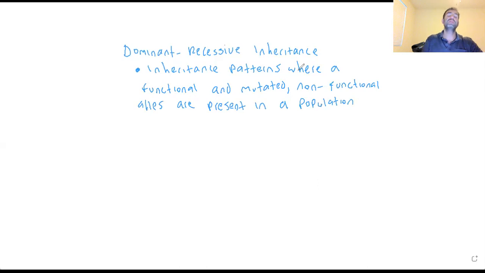is, or this is usually whenever you discuss inherited genetic disorders, it's almost always an example of dominant and recessive inheritance, because certain alleles exist in certain populations that have been mutated and do not work. They're non-functional.